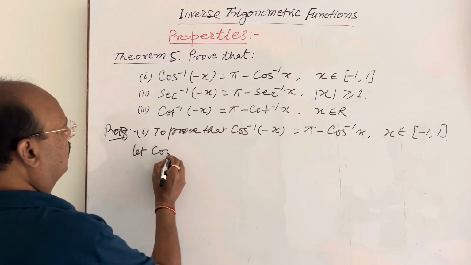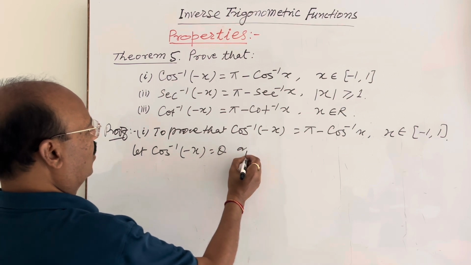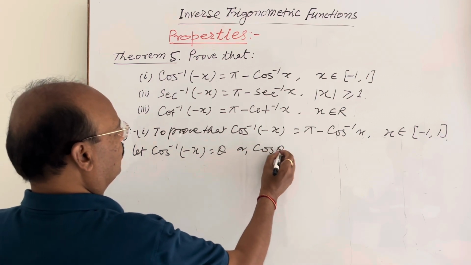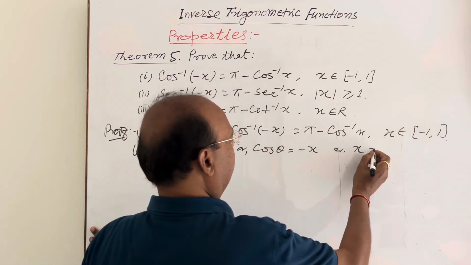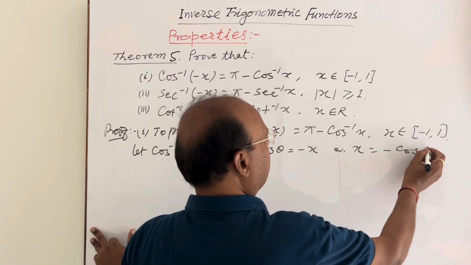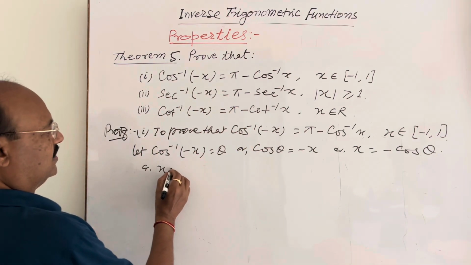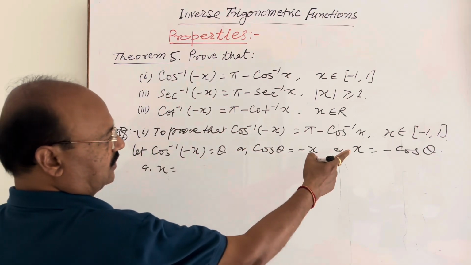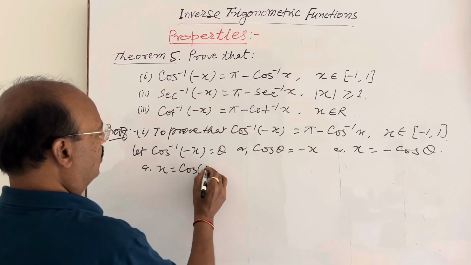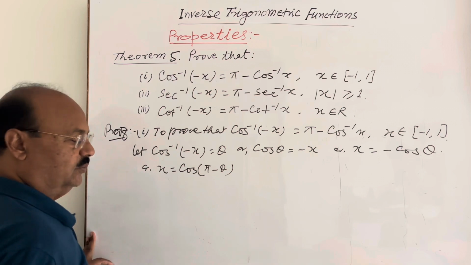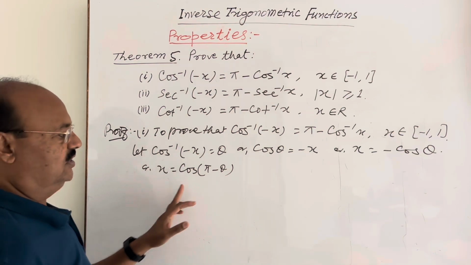So let cos inverse of minus x be equal to theta, or we can write cos theta is equal to minus x, or x is equal to minus of cos theta. This minus of cos theta can be written as cos of pi minus theta, because cos of pi minus theta is equal to minus cos theta.